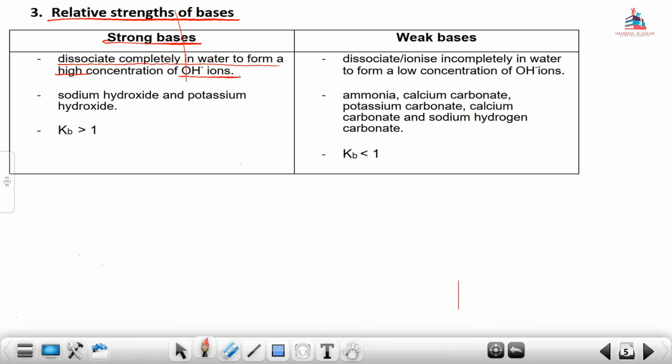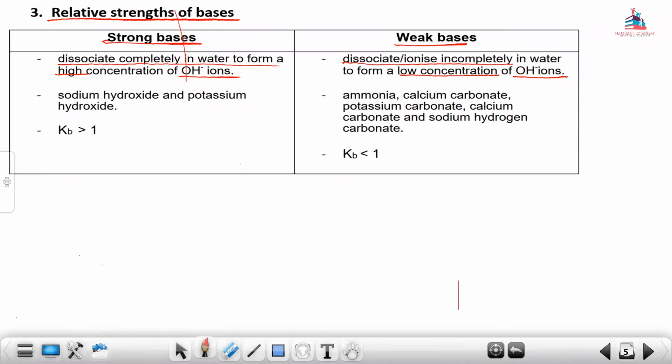A weak base dissociates incompletely in water to form a low concentration of OH minus ions.